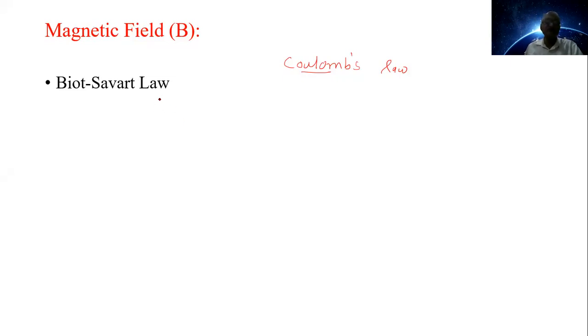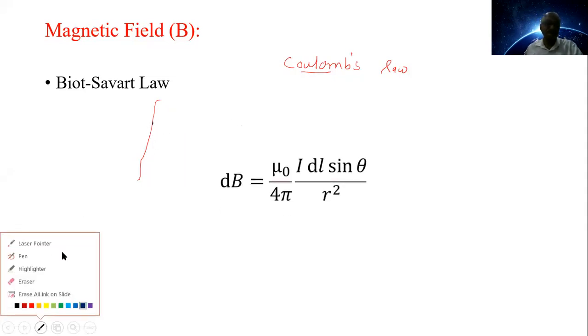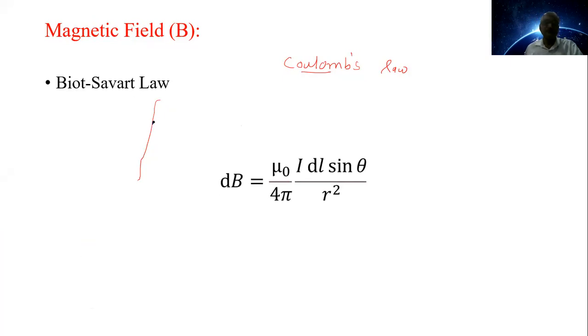Now let us consider the conductor and a small current element, which we can show here for convenience with a different color. This is the current length element. Its length is dl, and this current element produces a magnetic field around it.